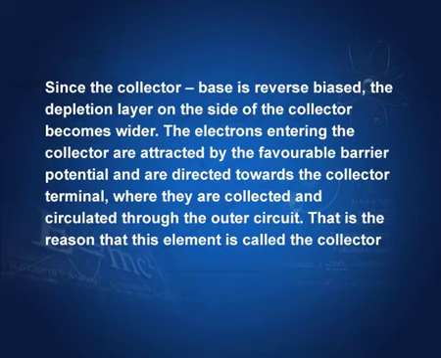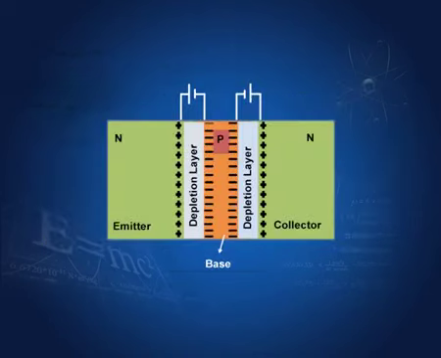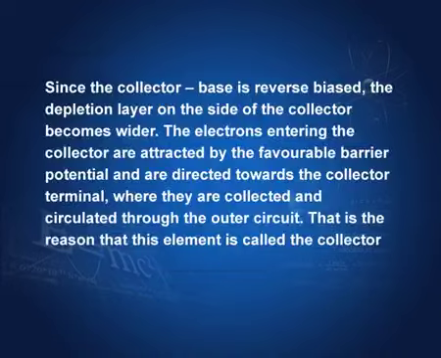This is forward biased, therefore the depletion layer is thinner on this side. This is a favorable potential. The electrons go through this, they are attracted by this potential and go through to the collector. The electrons entering the collector are attracted by the favorable barrier potential and are directed towards the collector terminal, where they are collected and circulated through the outer circuit.